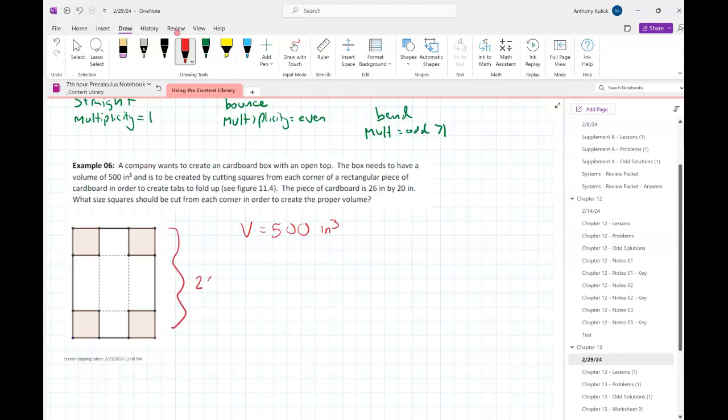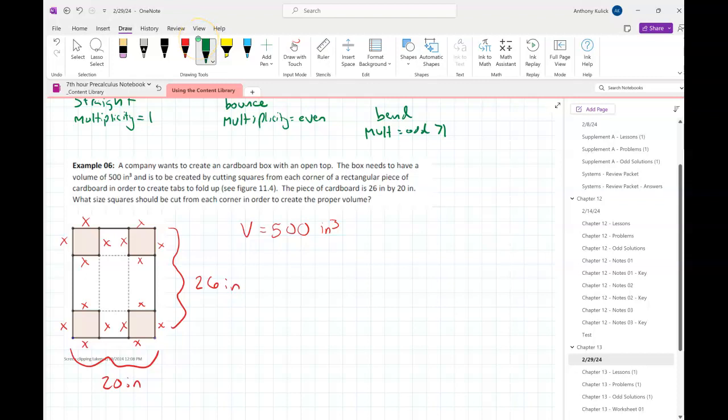I know that this is 26 inches, and this is 20 inches. And these are squares, so I know that every side length is the same. So I'm just going to do one of those. Everybody okay with that? Okay.